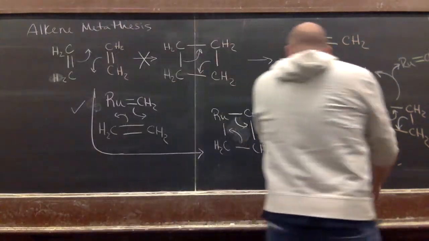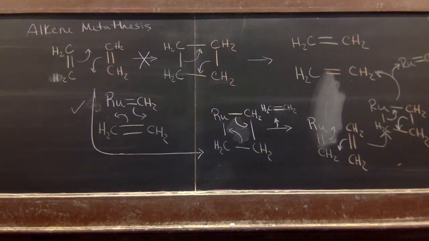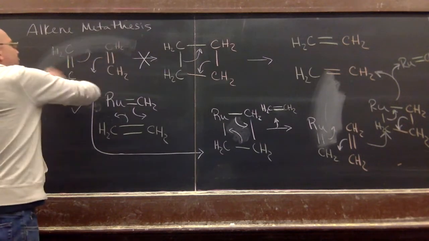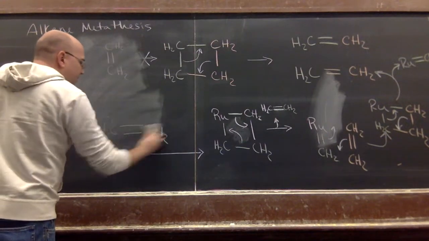All right, so some of the first metathesis chemistry that was developed was actually for polymerization, which we're not going to discuss today. We can discuss ruthenium polymerization once we get to polymer chemistry in a few weeks. What I want to focus more on is small molecule synthesis and discussing how this could work.